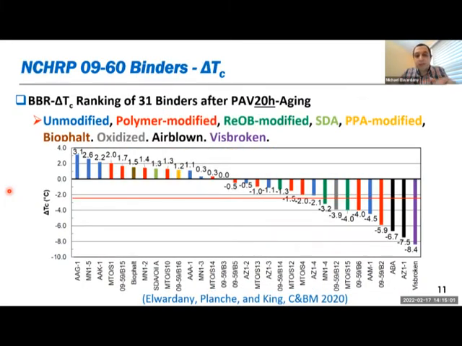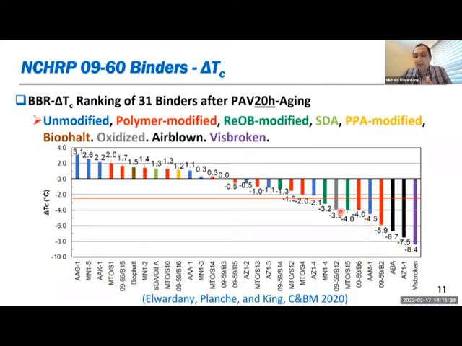Next, we started to map those binders looking at delta TC after PAV 20 aging, so long-term aging, 20 hours in the PAV. And what you can see, if minus 2.5 is the typical value or threshold for delta TC, delta TC can capture some of the RUB modified binders, air-blown binders, vis-broken binder, AAM, which has high waxes, so it's a high waxy binder.